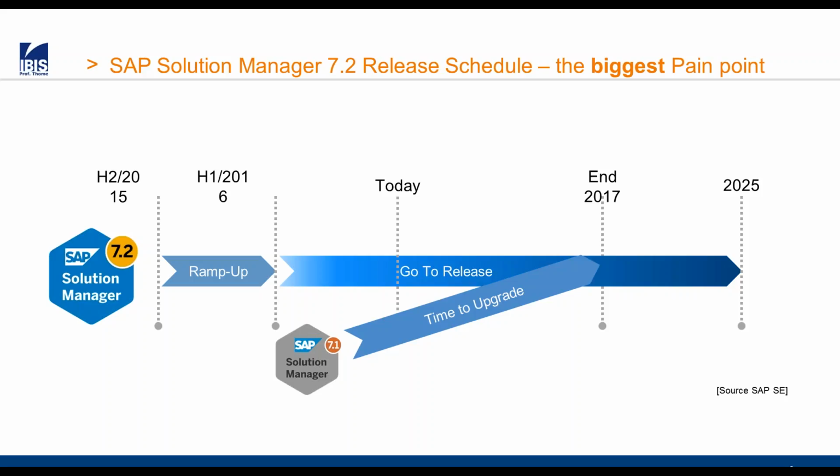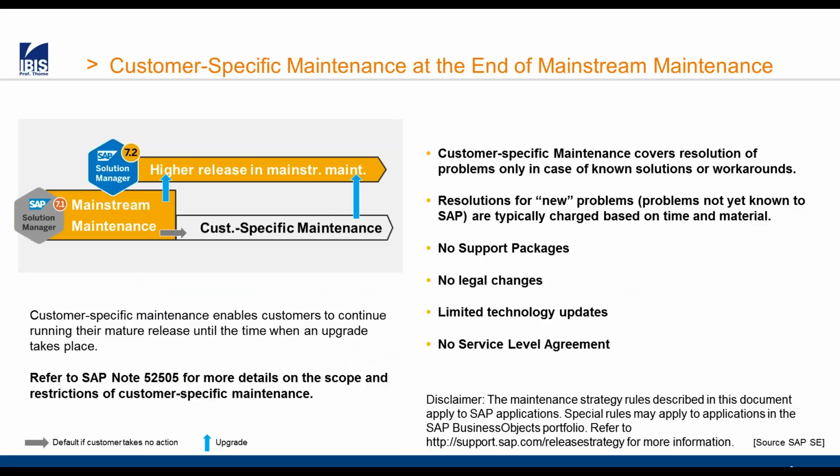So what does it mean for customers if I could not upgrade till the end of 2017? Well, luckily I'm not surprised by this question, and I've included another slide which is explaining it. This is the detail of the pain, because it tells you what to expect if you are not upgrading within the time.